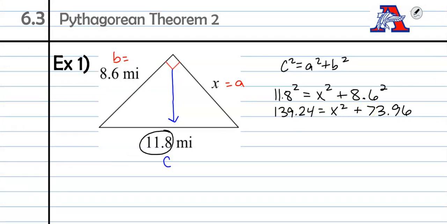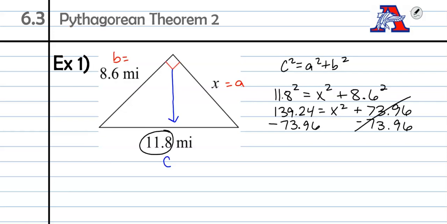Now our goal is to solve for x. We want to get x by itself, so we need to get rid of the plus 73.96. We're going to subtract 73.96 from both sides. It's a little different from what we were doing before when we were solving for the hypotenuse.